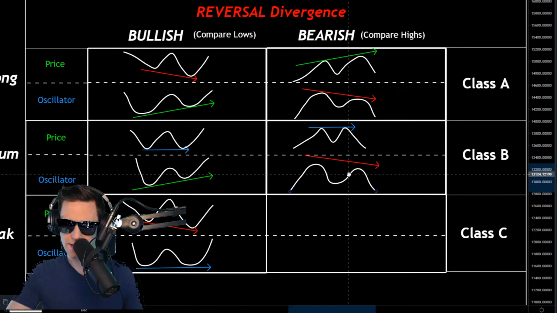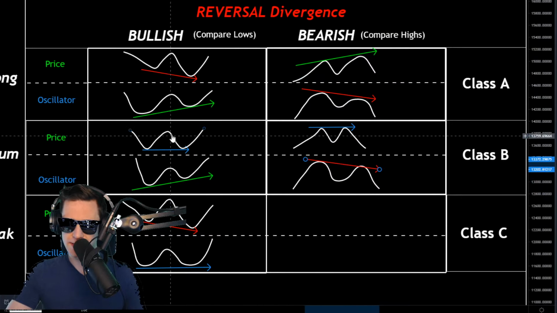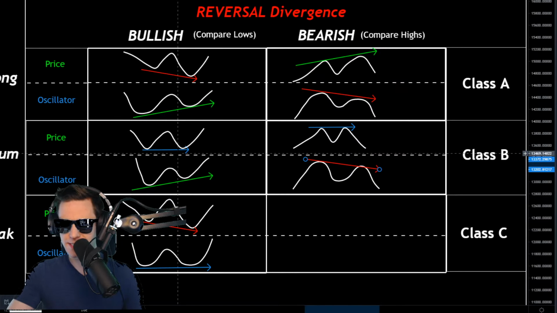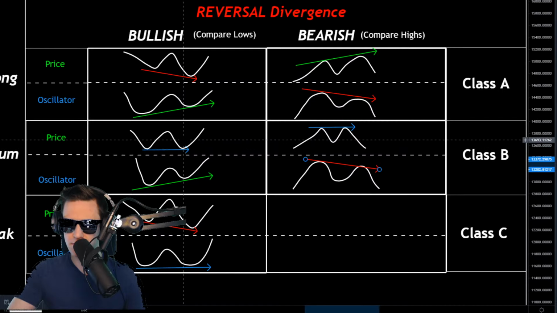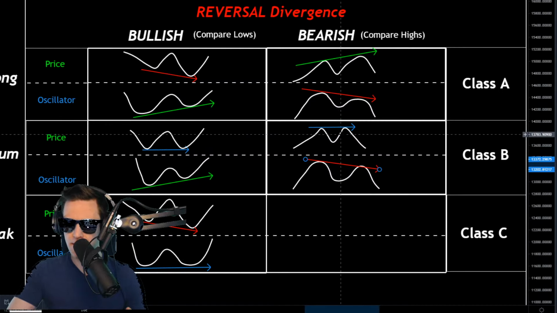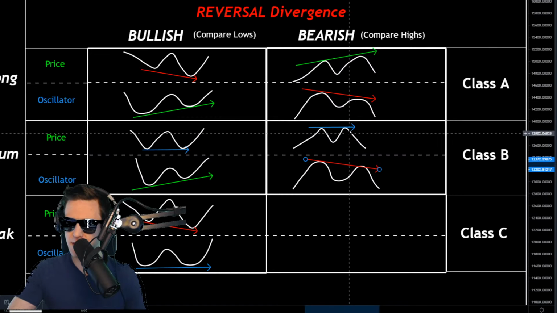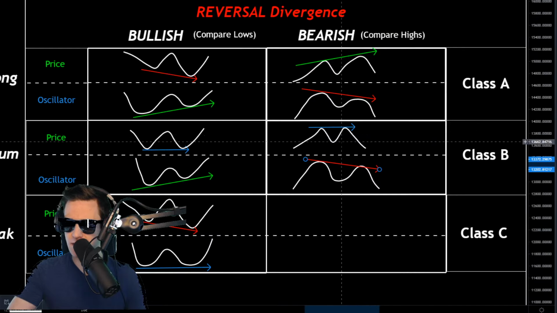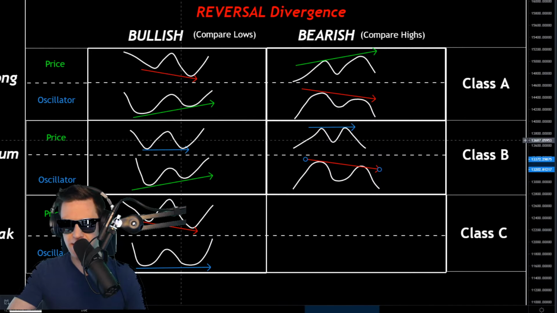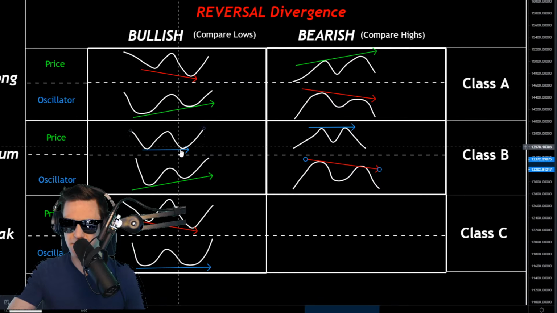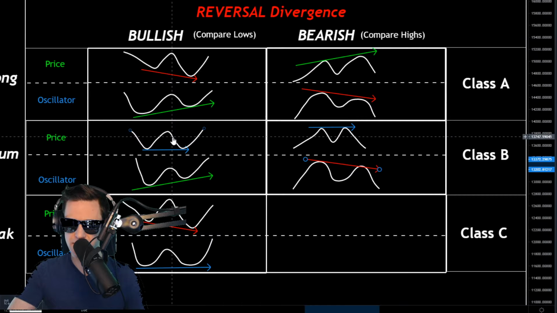Something of note here that maybe I skipped over is that these technically don't have to be higher highs, or for medium, they don't technically have to be a double bottom or double top. It has to do with the shape as well. Sometimes this is referred to as a V. A V top would be a bearish, medium or class B reversal divergence, and a V-shaped bottom would hold true in the same sense for the medium bullish reversal, class B divergence.